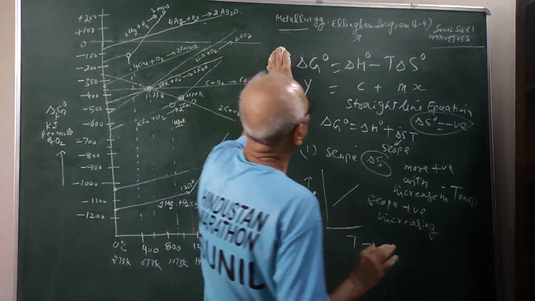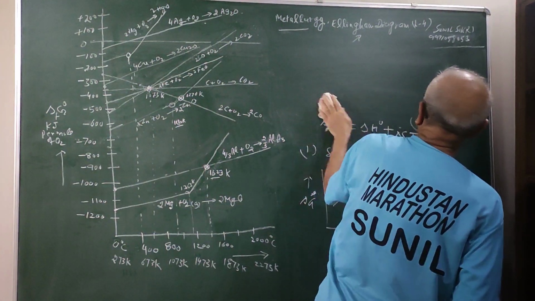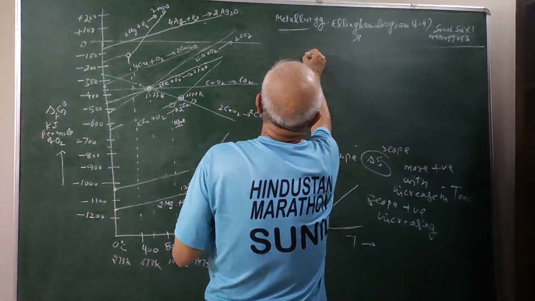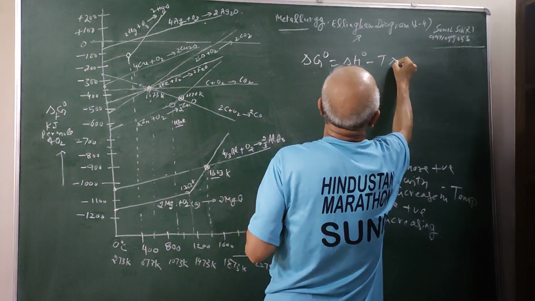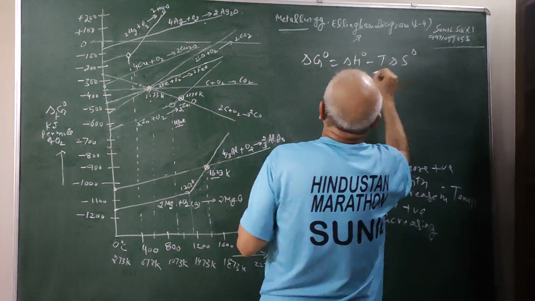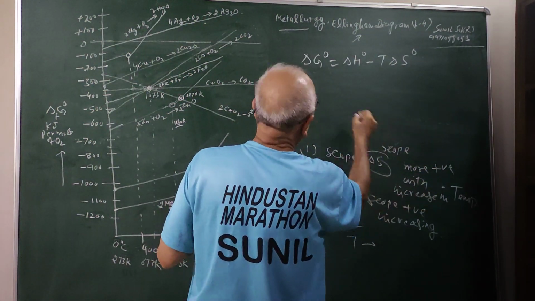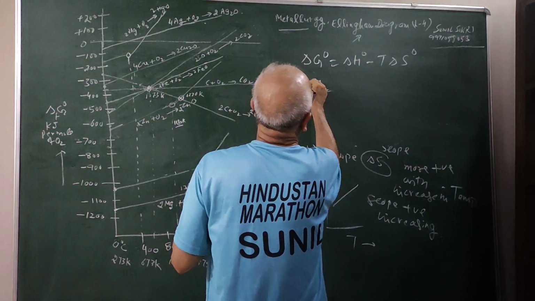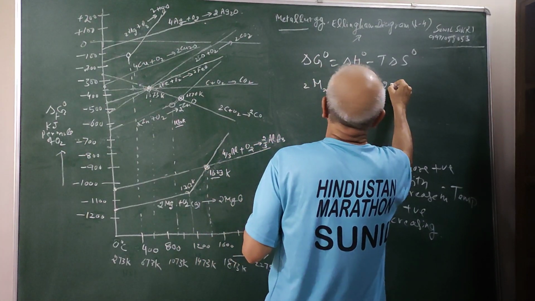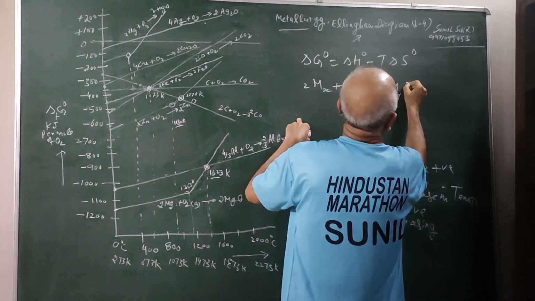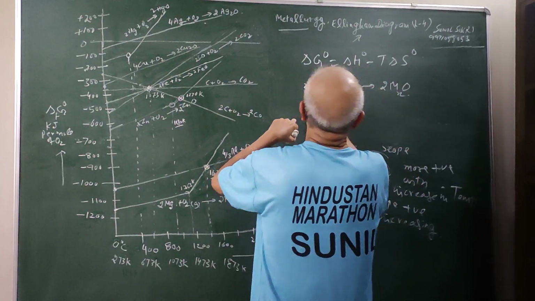So first thing, we have explained the positive slope. And you should know that when I write delta G0 is equal to delta H minus T delta S0, for when the metal oxides are formed, what is the result of this? Oxides, if you are forming oxides, students, what is this?